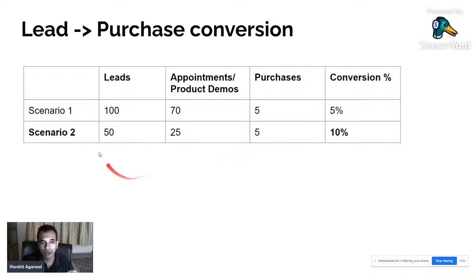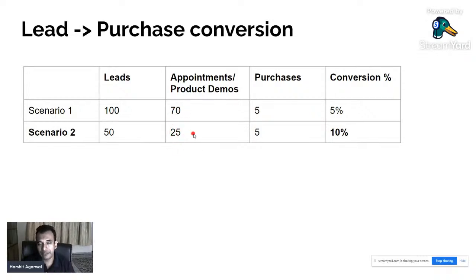In the second scenario, these leads are qualified leads. What the business did is that it asked some questions to the leads to understand the leads better, understand what their budget is, understand what their need is. So the number of leads are less, the number of product demos are also less. So here we have 70 demos, here we have 25 demos.